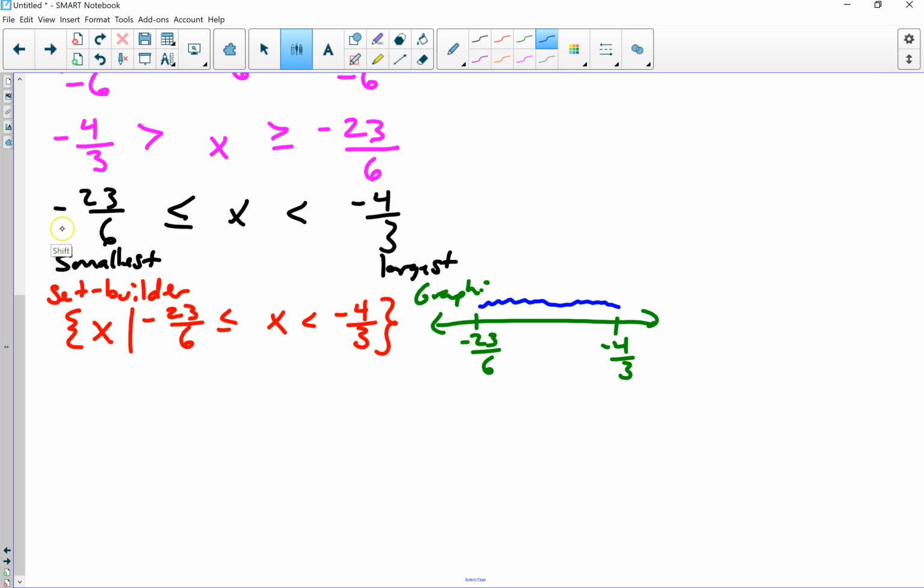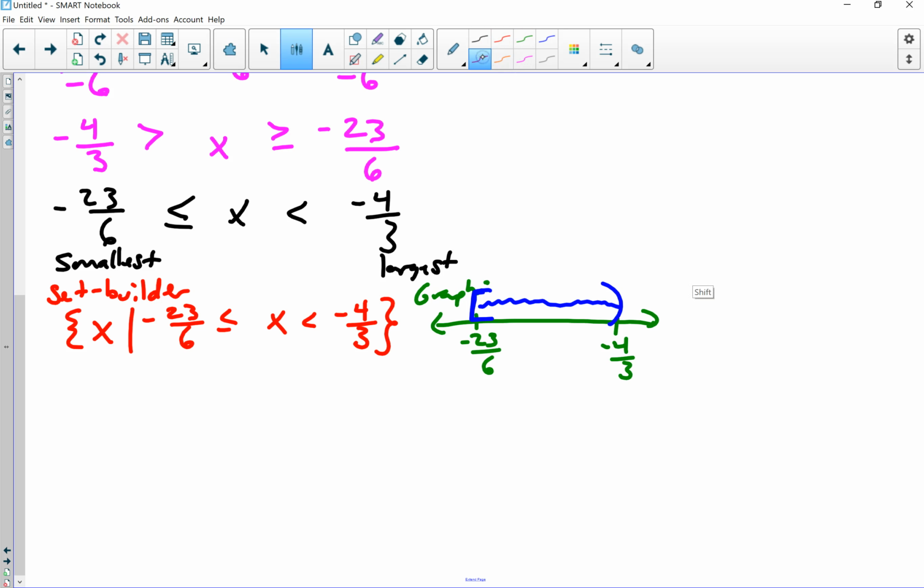For the -23/6, it's allowed the option to be equivalent. So we show that with a bracket or a filled in dot on the number line. And then -4/3, I don't have the equal to option. So we show that as a parenthesis or a dot that isn't shaded on our number line. So that's our graph on the number line.